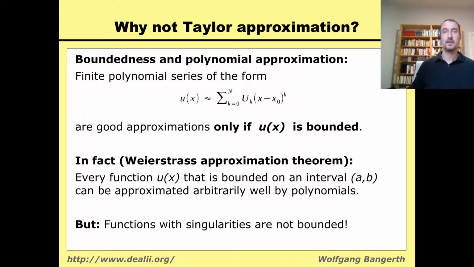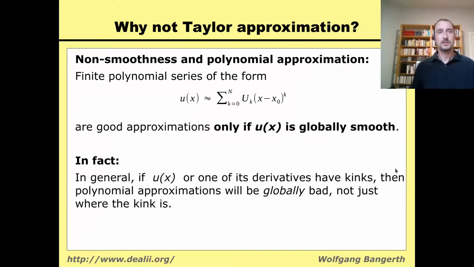work. And to make this a little bit worse, if you have a function that has derivatives with kinks, right? I showed you the neutron absorption problem where you have a function that is going to have a kink, then global polynomials will be globally bad, just like the Fourier terms.